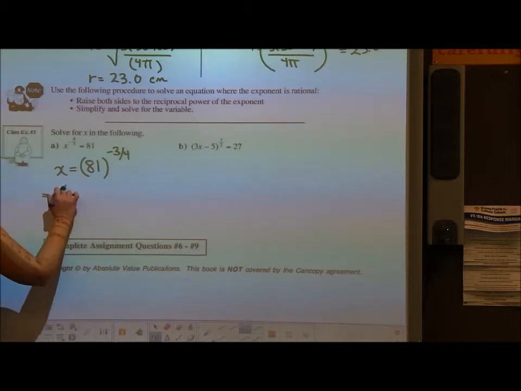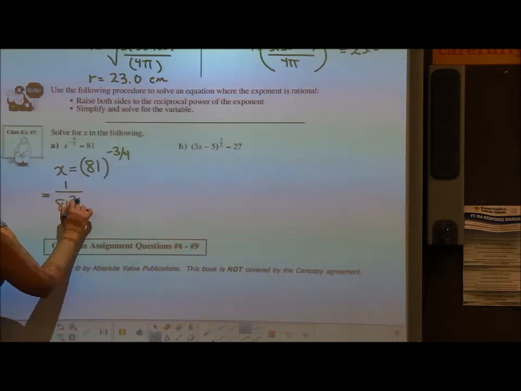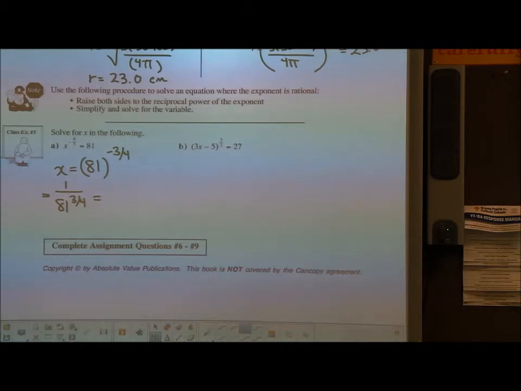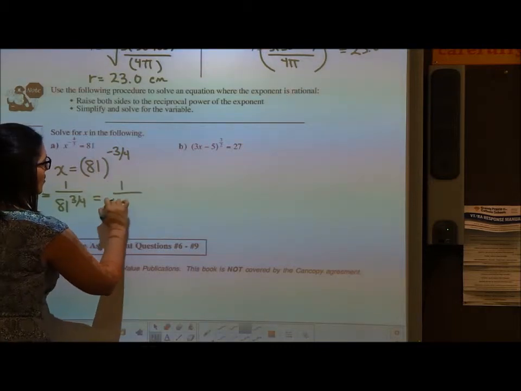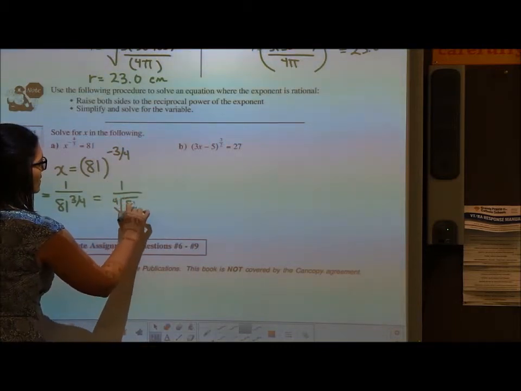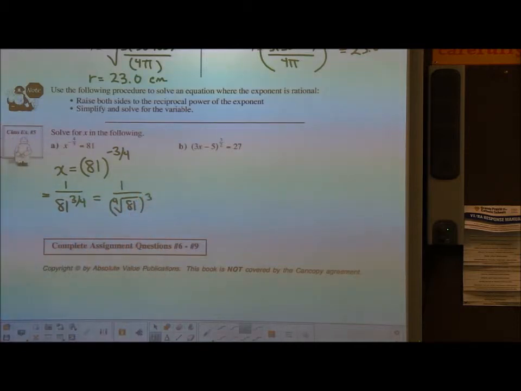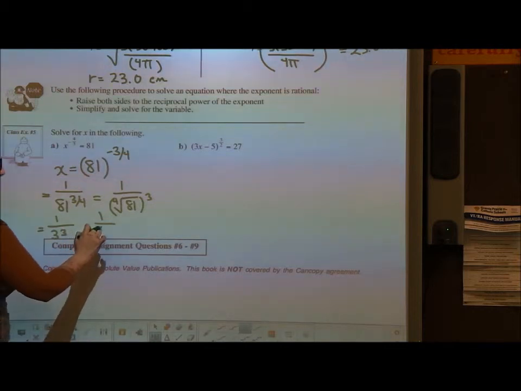So then this becomes 1 over 81 to the positive 3/4, which becomes 1 over the 4th root of 81 cubed. So what's the 4th root of 81? 3. And what's 3 cubed? 27.